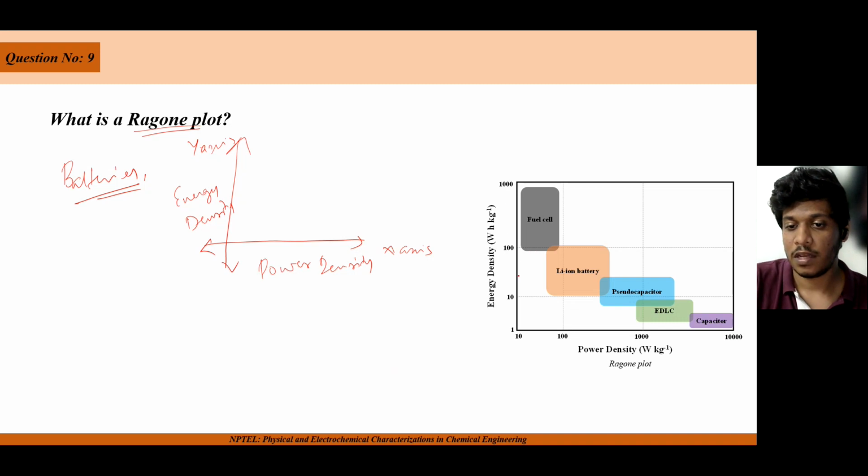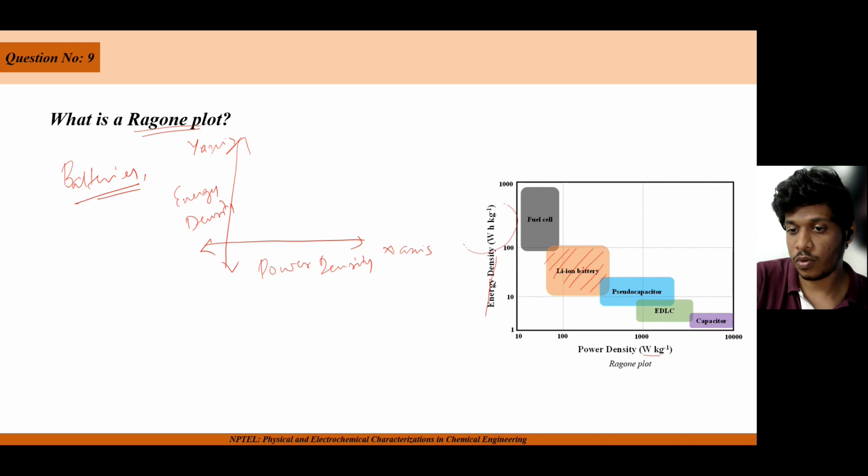Here we can see the y-axis is energy density with its unit watt-hour per kilogram, and we can have power density in watt per kilogram. Basically by plotting this, we can get an idea of how efficient our energy storage device is.